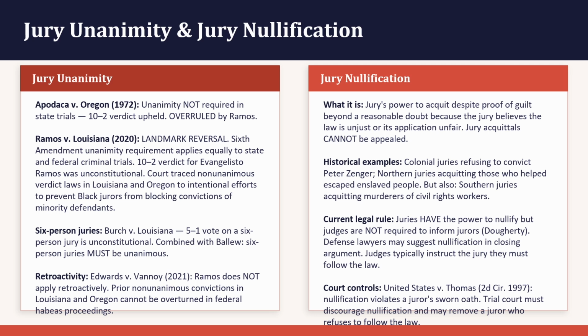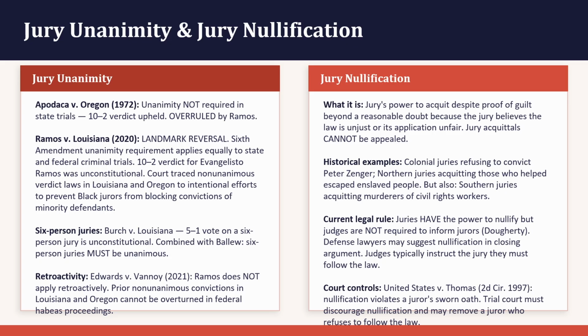On jury nullification, the jury has the practical and unreviewable power to acquit regardless of the evidence, because acquittals cannot be appealed. This power has a distinguished history: Peter Zenger, the fugitive slave cases, but also a shameful history in Southern civil rights era prosecutions.